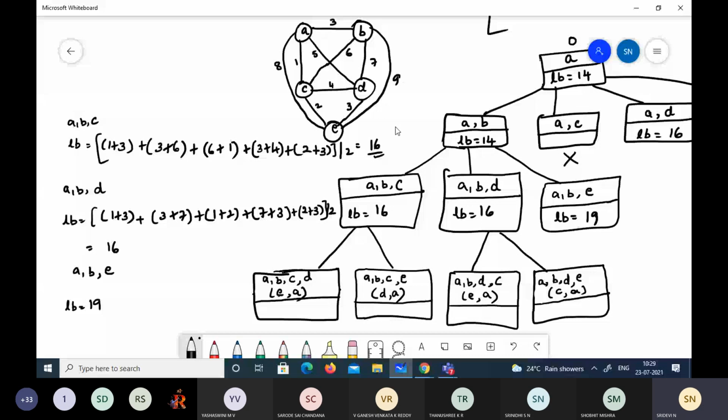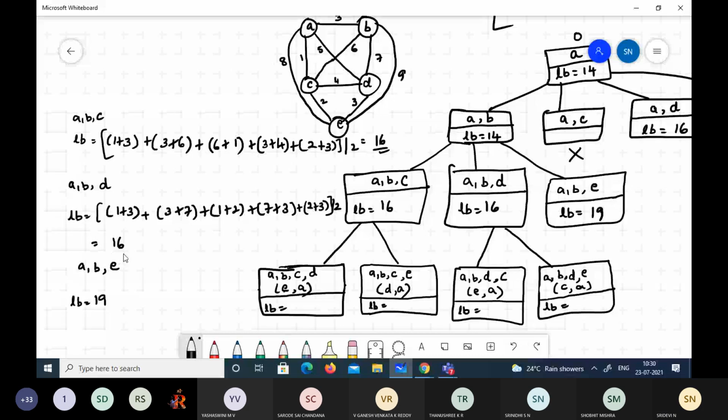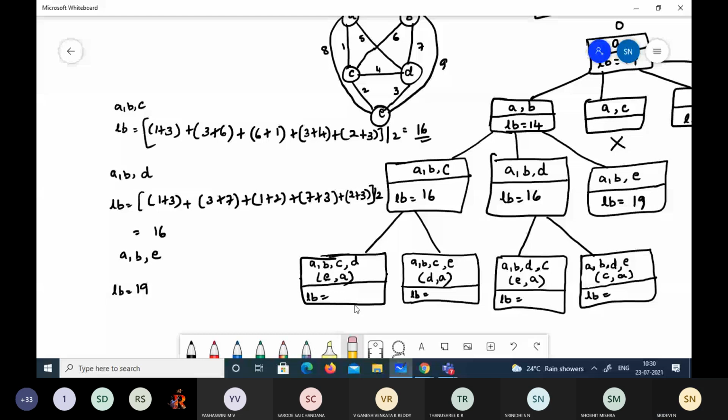Now we'll calculate the lower bound for these. Okay, so we just try with the first one.